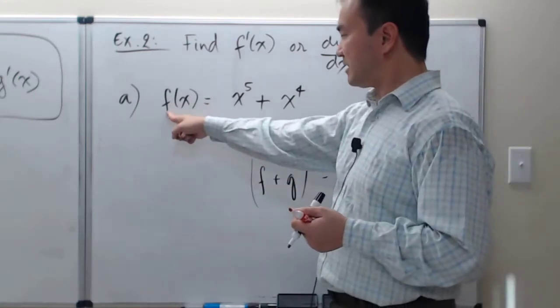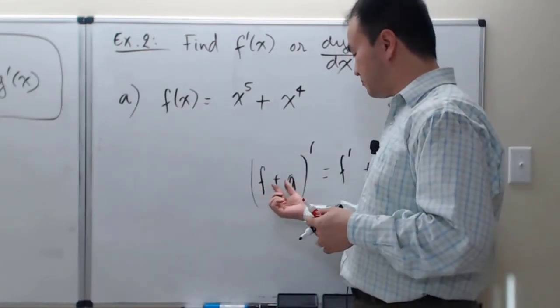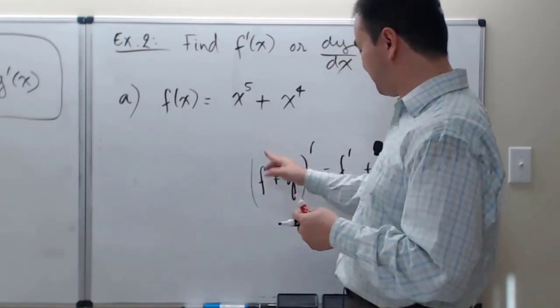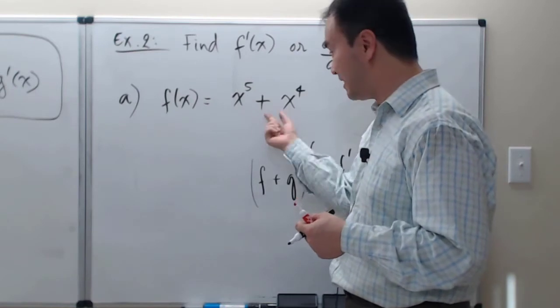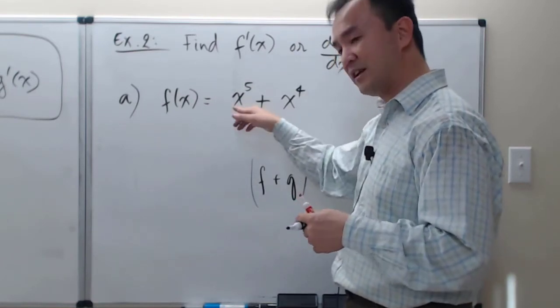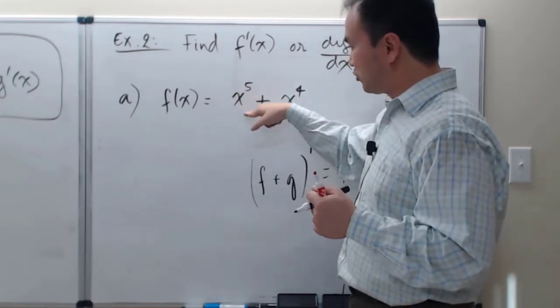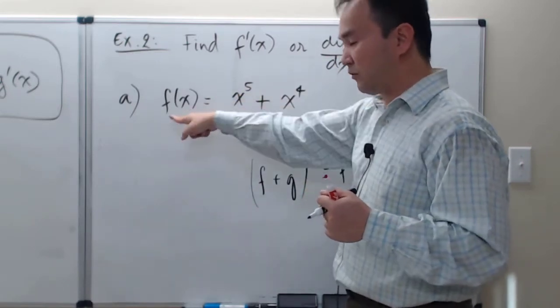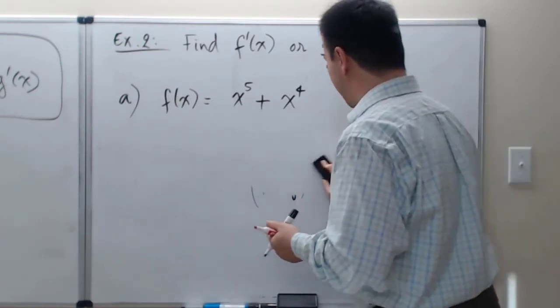But this f is not the same as that f. It's just the representative idea that your function comes from two terms. So this is a little f, and this is another little g. If you call this f to associate with your sum or difference rule, then do not confuse it with your main function here being f. I just want to clear that out.